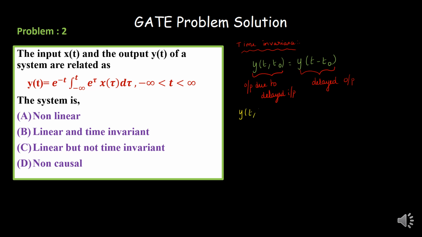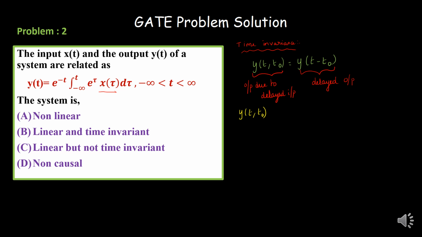So y of t comma t naught. What is the input function here? The input function is x of tau only. That x of tau should be delayed by t naught seconds. That is the condition. So let me write the function for that.